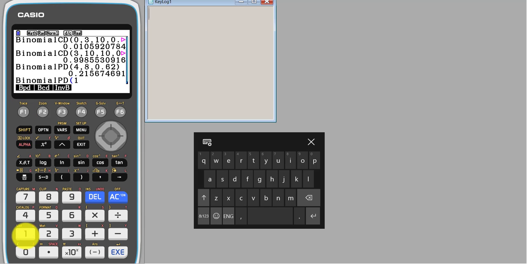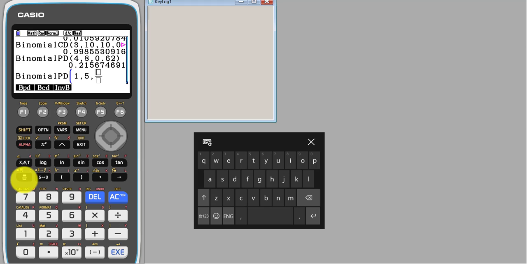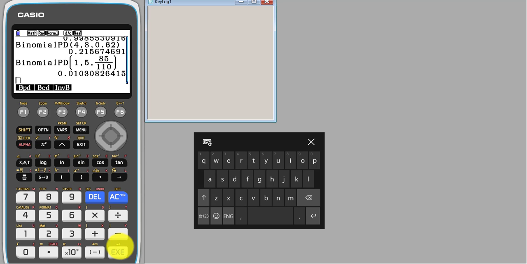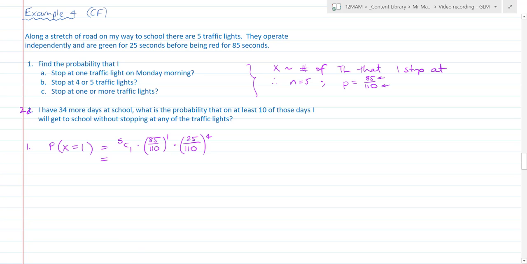I want 1 success out of 5 trials, and it's 85 over 110, and I get 0.0103 as my 4 decimal points. 0.0103, so about 1%, which makes sense because I'm really quite likely to stop at a traffic light.